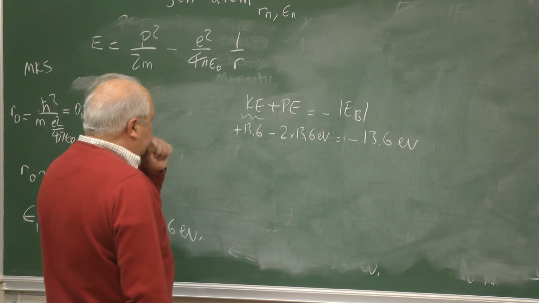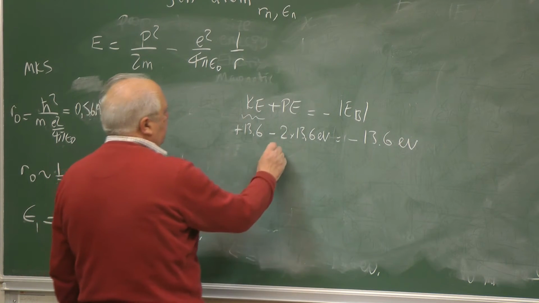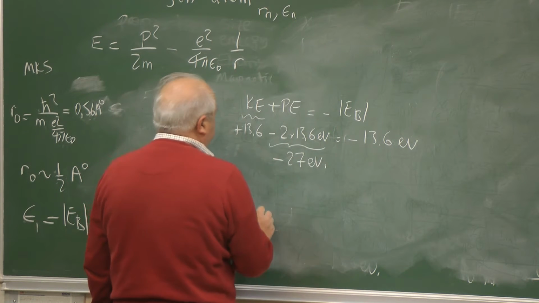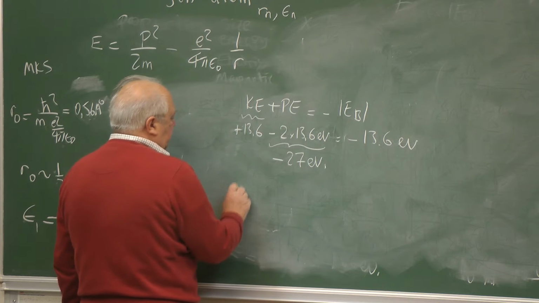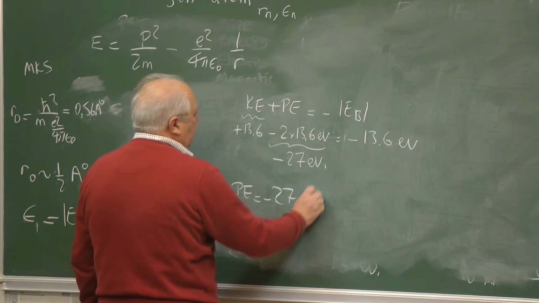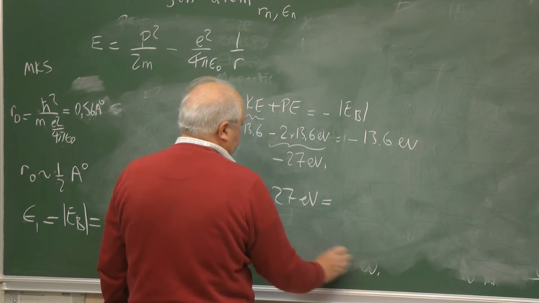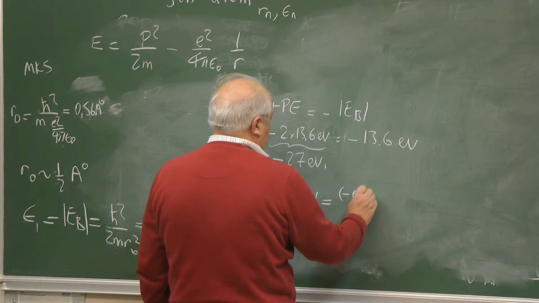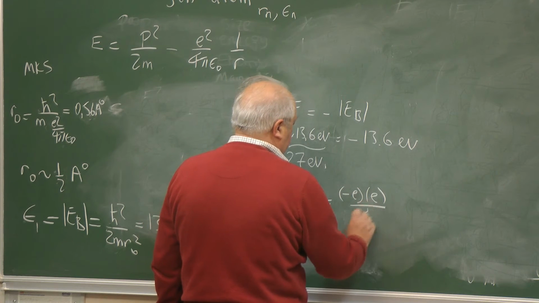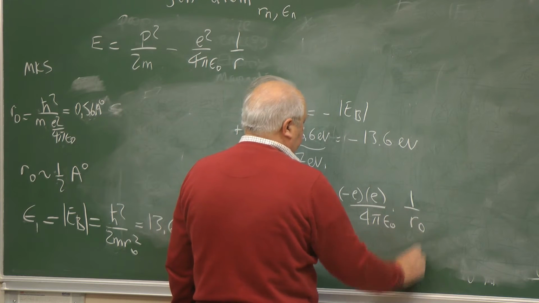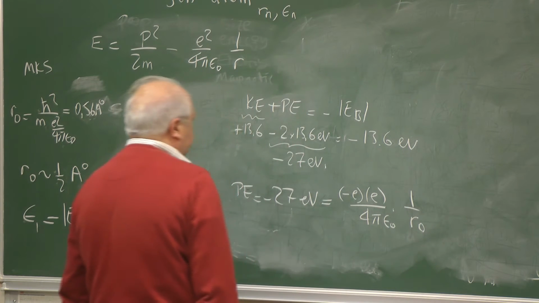Let's look at the potential energy. So it's roughly, let's say, minus 27 electron volts. Potential energy, which is minus 27 electron volts, that's equal to minus e times e over 4 pi epsilon 0 times 1 over R0.